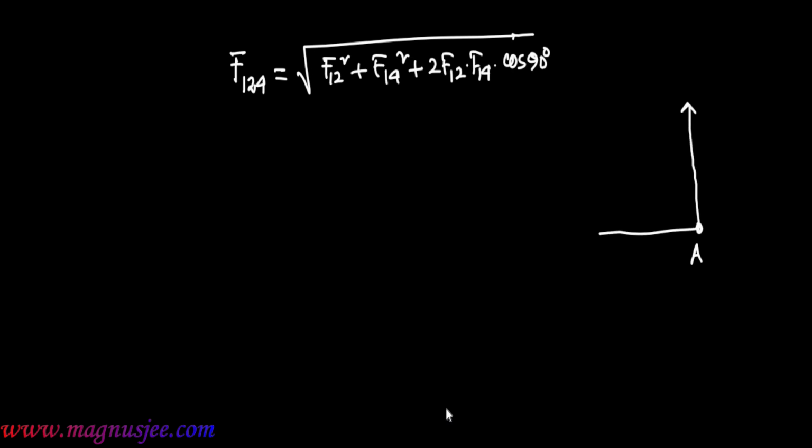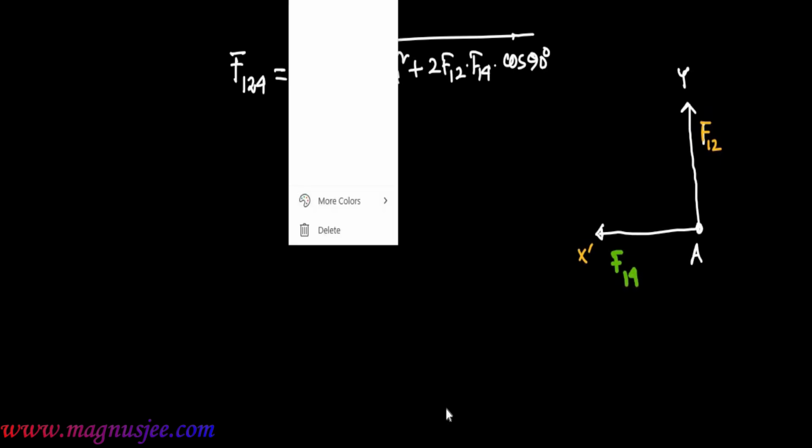At the point A, we can denote two mutually perpendicular directions AY and AX prime. Along AY, F12 is acting. Along AX prime, the force F14 is acting.